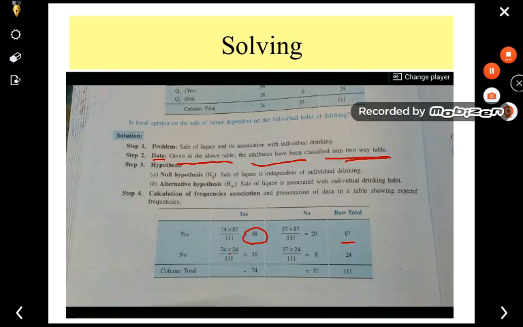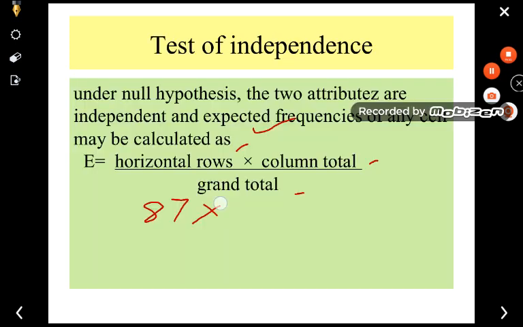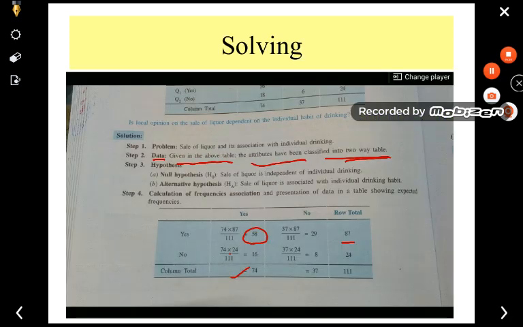What is the column total? That is equal to 74. So 87 into 74 divided by the grand total. The grand total is 111. So here we can write 74 into 87 divided by 111, which gets you almost 58.